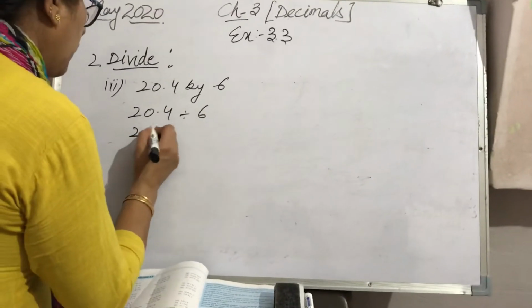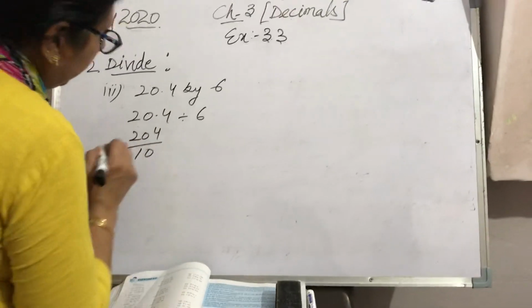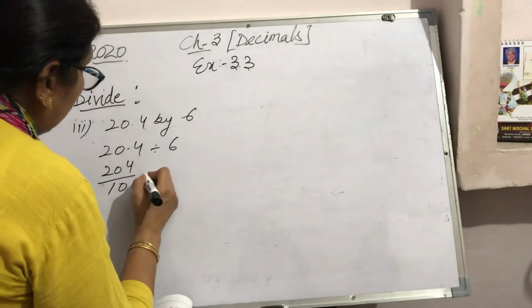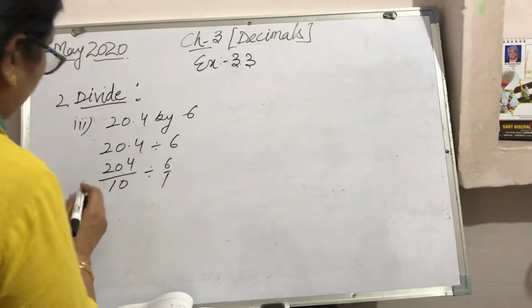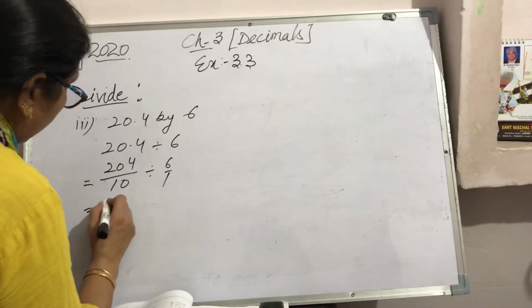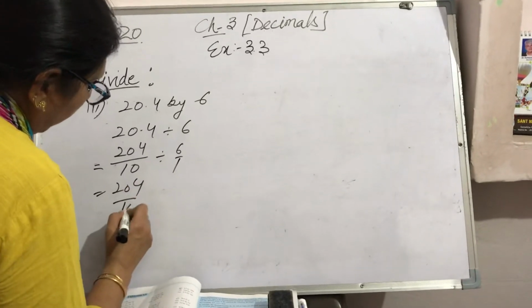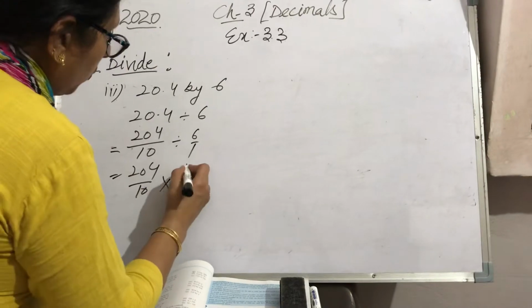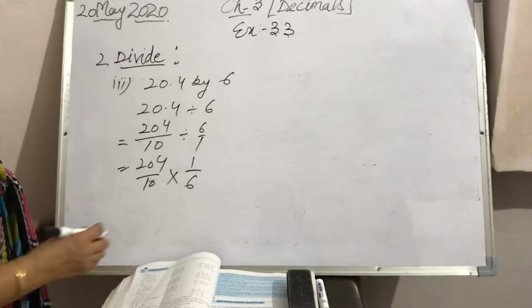Now 204 upon 10, only one digit is there, divided by 6 by 1. Now this division changes into multiplication, then the reciprocal of the divisor 6.